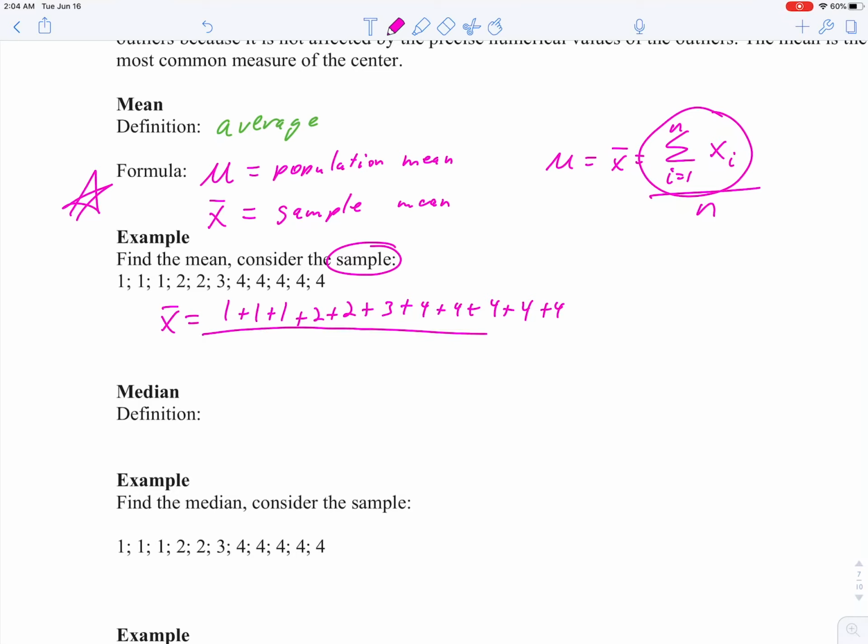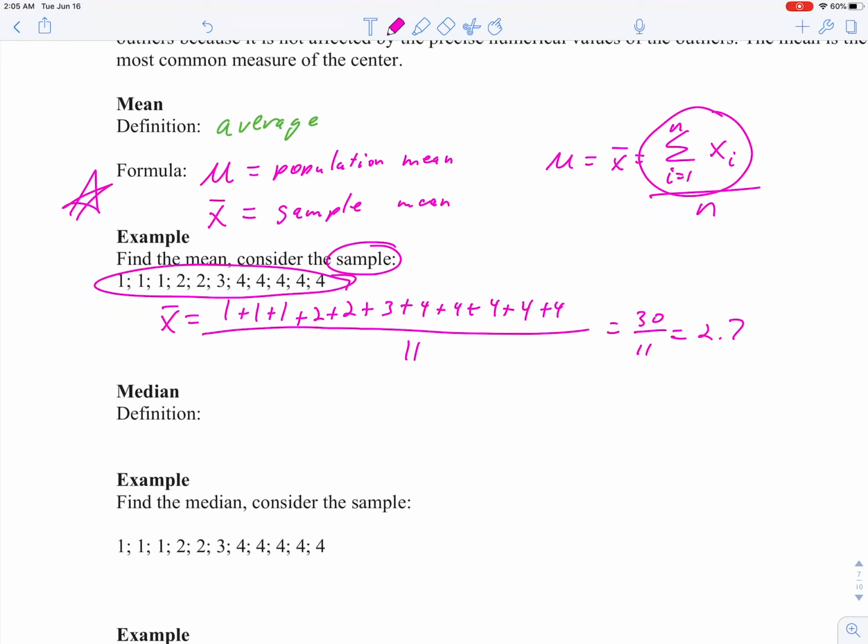Did I do the right number of 4s? No, one more 4. There we go. And we count. We have 1, 2, 3, 4, 5, 6, 7, 8, 9, 10, 11 total data points there. So what you'll see, this ends up coming out to 30 over 11, which, if you punch that into a calculator, is 2.7.